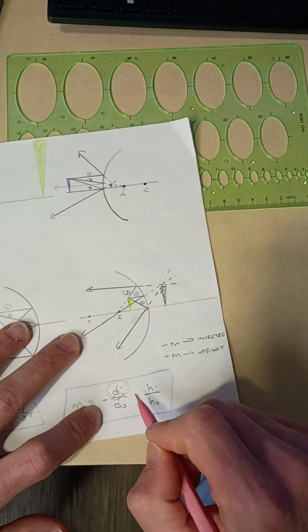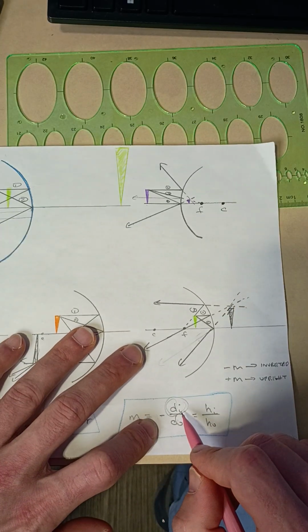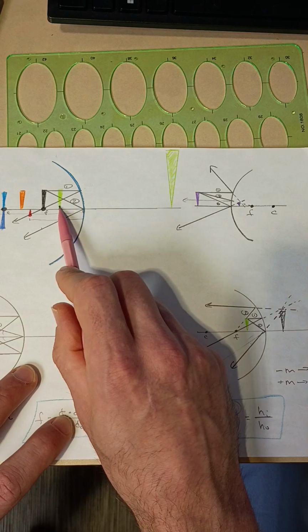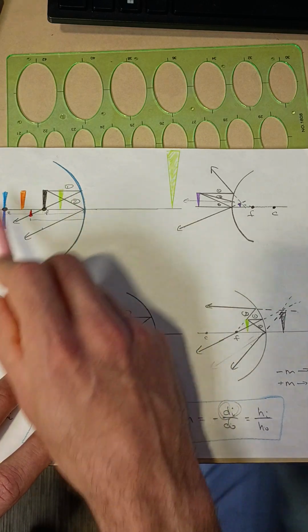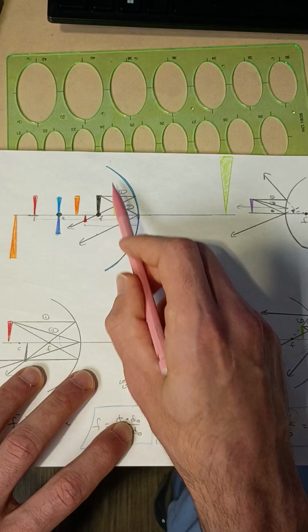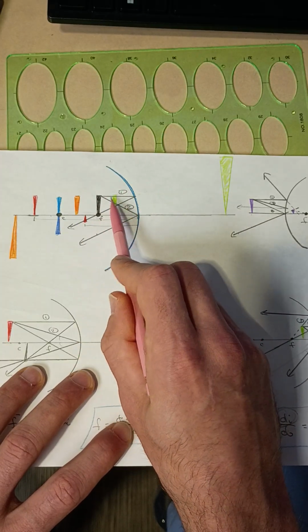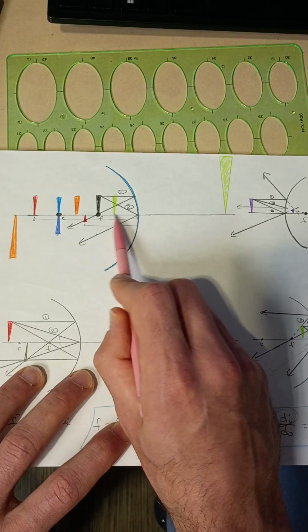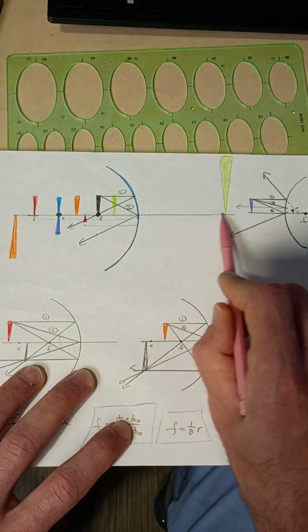If the distance of the image formed is a negative value, so the only time it's a negative value for a concave mirror is when the object is inside of the focal point. You can see that this is a positive distance and this is a negative distance.